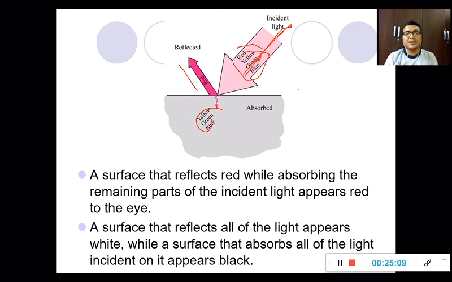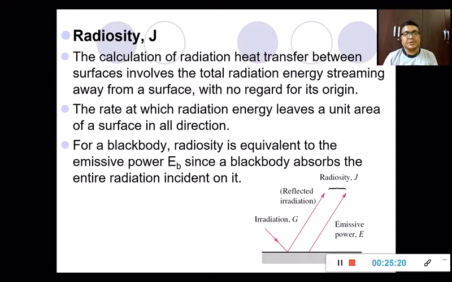Okay, so the surface we can see is black in color. Another parameter we talk about in radiation is radiosity.